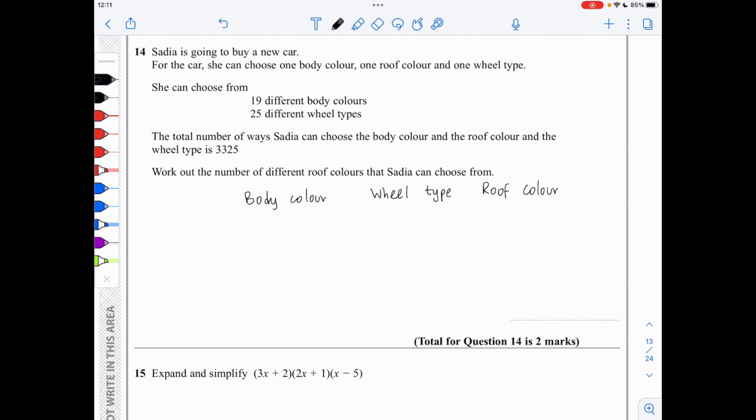So for body color, it's 19 different options. For wheel type is 25, and for roof color is X. So therefore 19 times 25 times X is the total of 3325, which means that X is found by dividing 3,325 by 19 times 25, which gives an answer of 7.